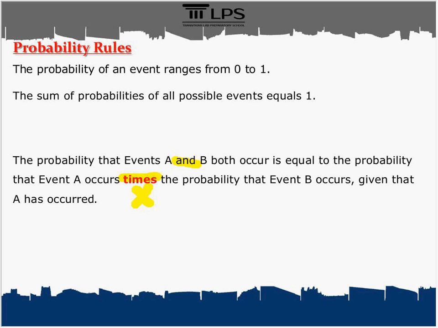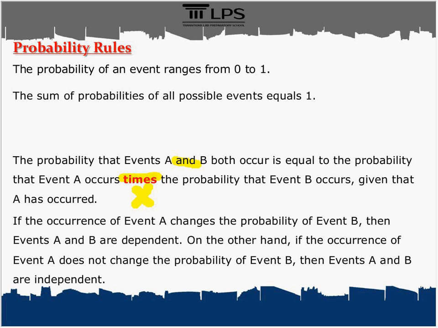So the probability of event A and event B means probability of A times probability of B. If event A changes the probability of event B, then A and B are dependent events. Very important concept. You may be tested on this idea of dependent events, and we will have this idea in a little more detail also. If the occurrence of event A does not change the probability of event B, then A and B are independent events.